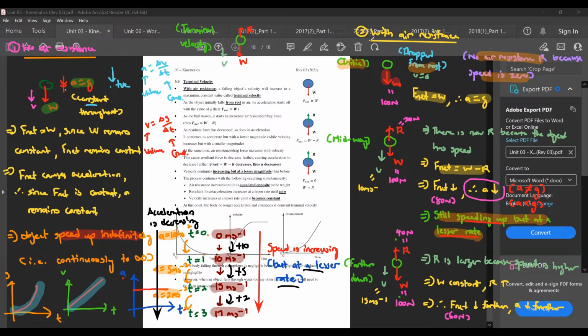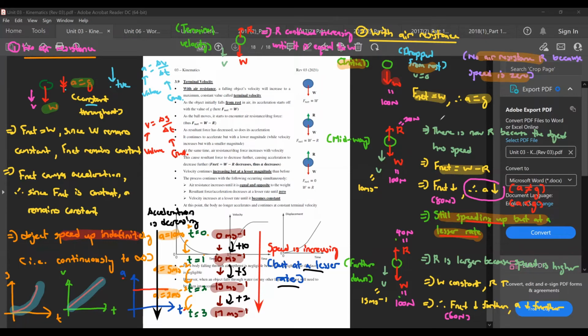So what I will say here is that at this point, your R continued increasing until it is equal to W, equal to the weight.